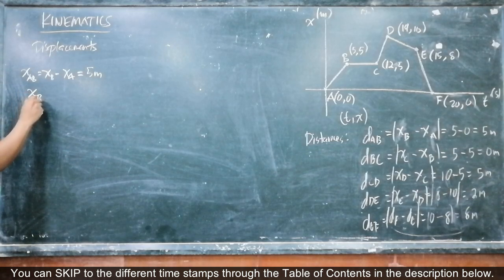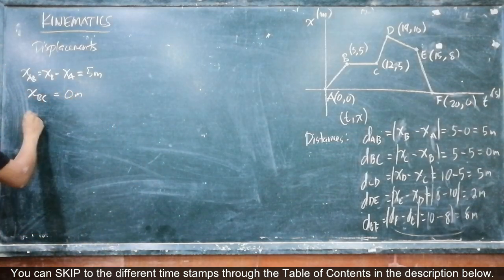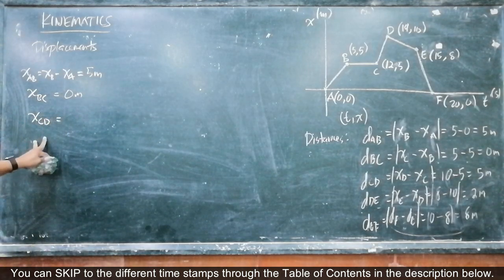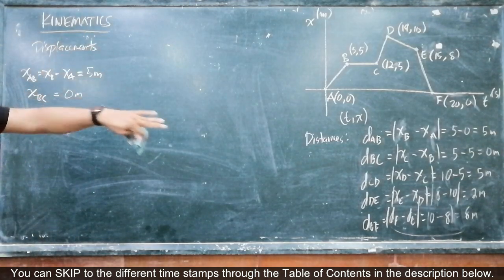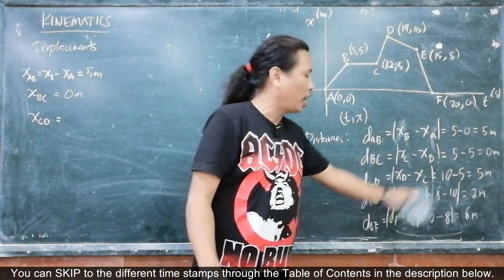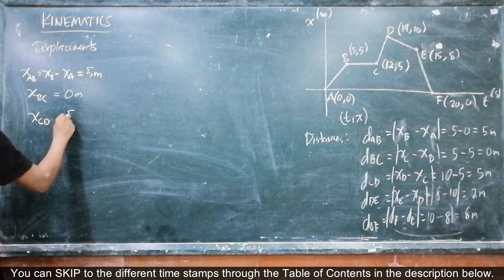And XBC, still we have 0 meters. XCD, okay, C to D, that's 10 minus 5, the same here. Again, the same here, but we don't take the absolute value, right? So this would be 5 meters.